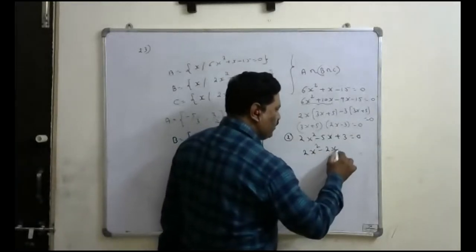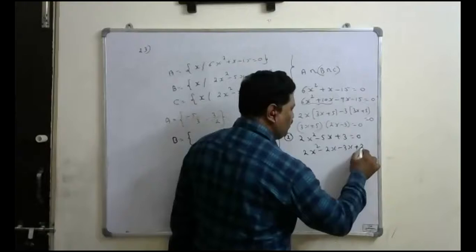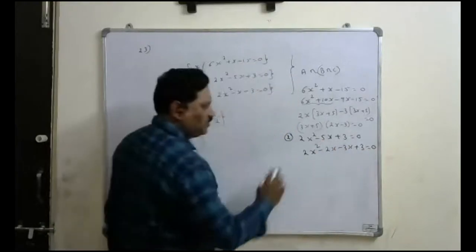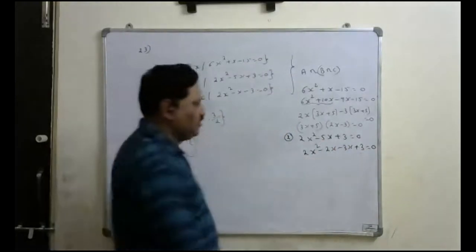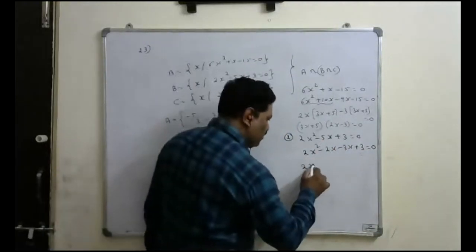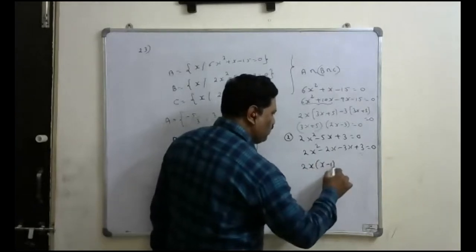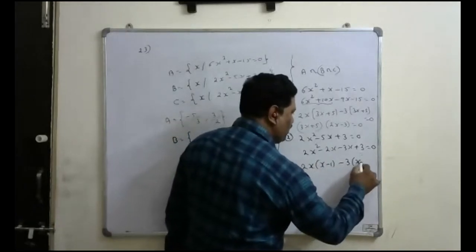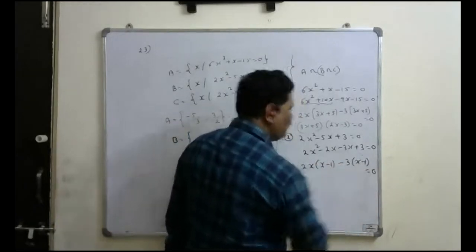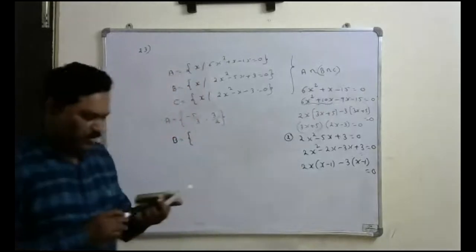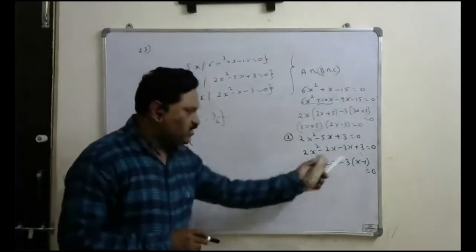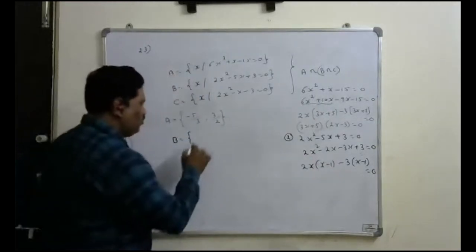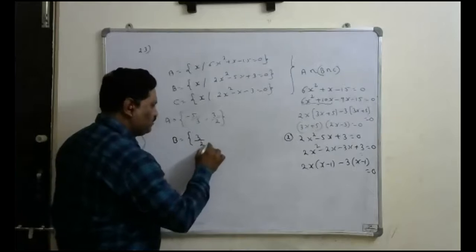I can write 2x squared minus 2x minus 3x plus 3 is equal to 0. From this take 2x common, remaining is x minus 1. From this take minus 3 common, remaining is x minus 1 is equal to 0. Taking x minus 1 common, remaining is 2x minus 3 equal to 0. Therefore, x is equal to 3 by 2 and 1.